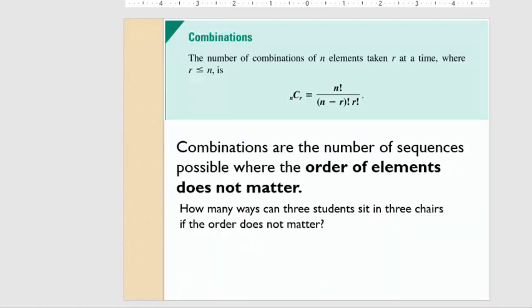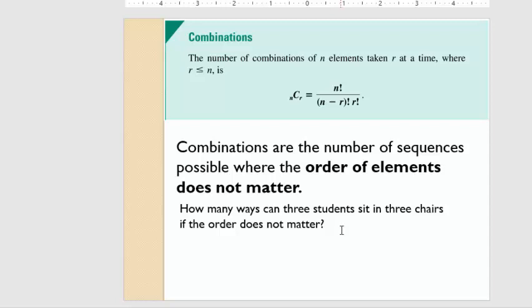So the next way that you can count is by using what's called a combination. A combination is used when the order of elements does not matter. So in this case, I just want to know how many ways can 3 students sit in 3 chairs. I don't have the names of the students. I just want 3 students to sit in 3 chairs.